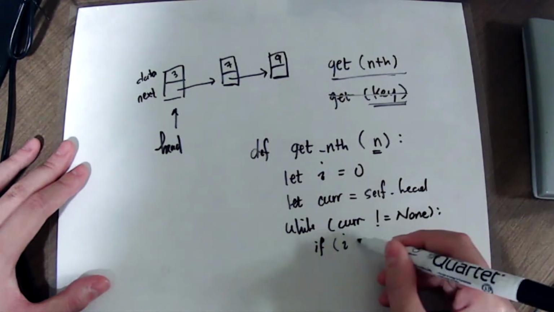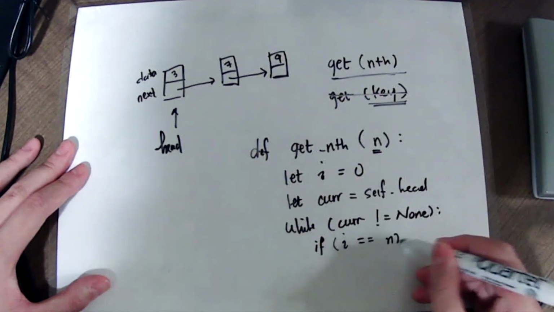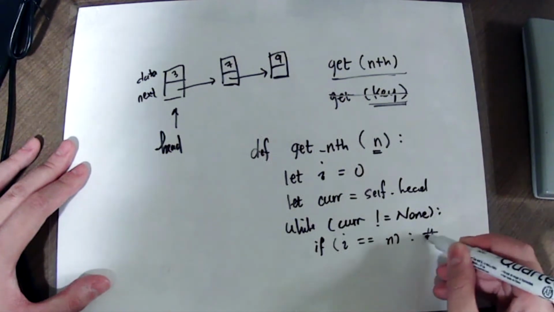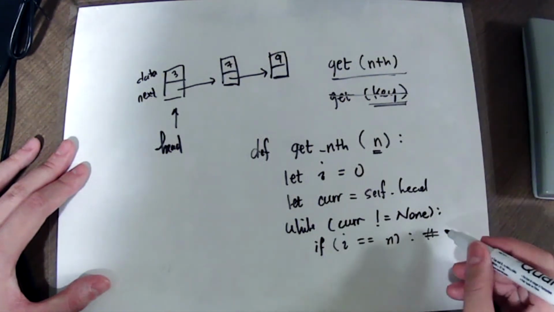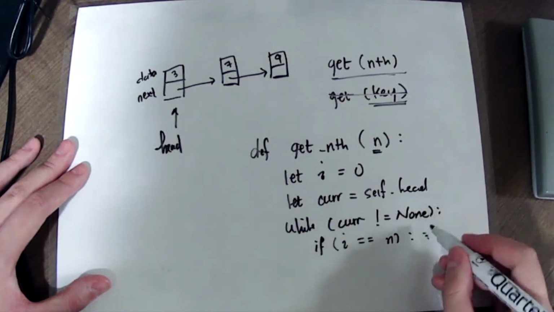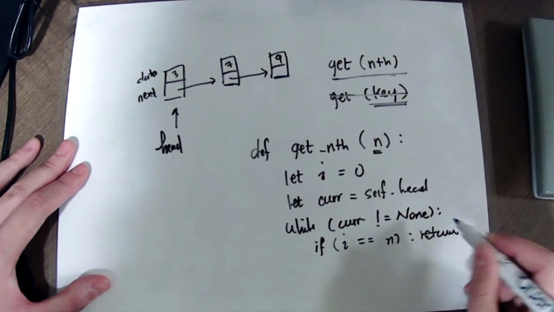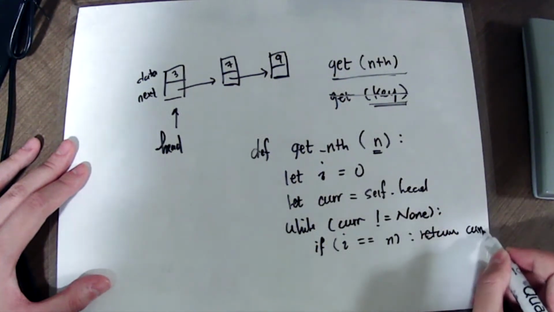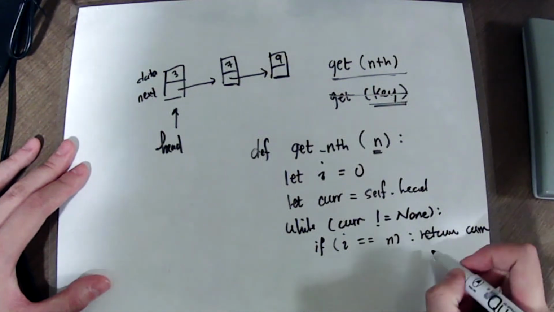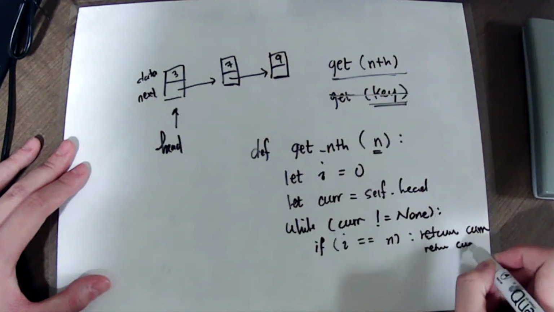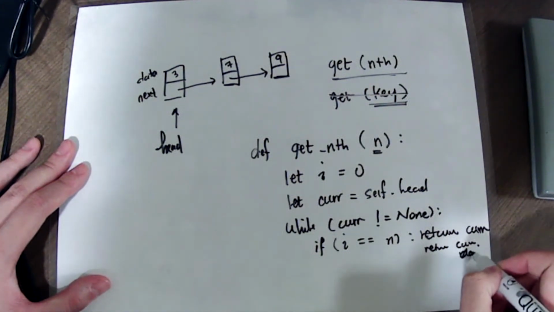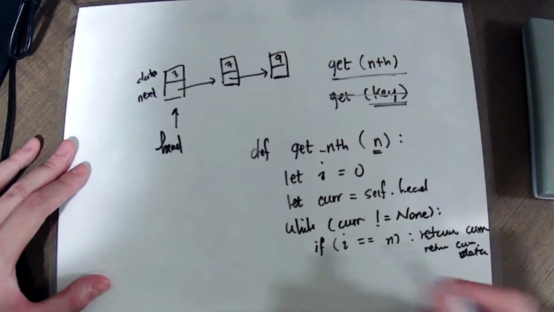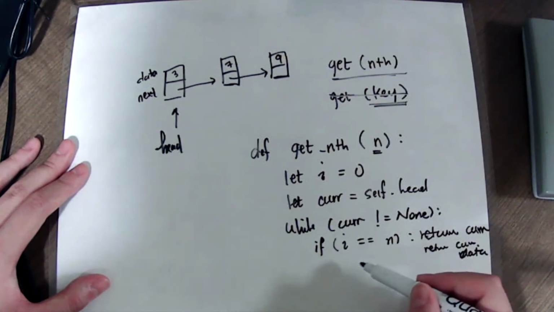If i equals n, we return this current node, or we can also return the current data, depending on your implementation.